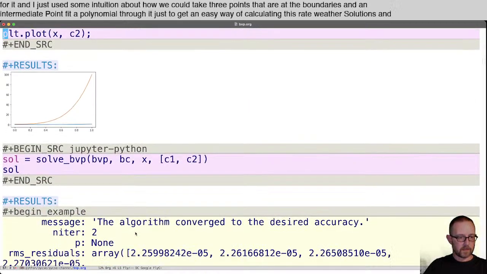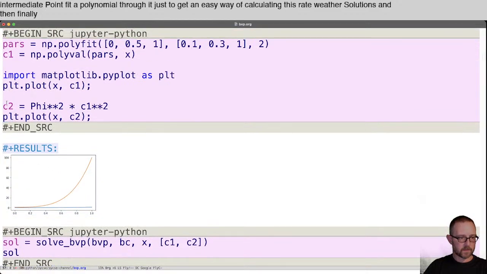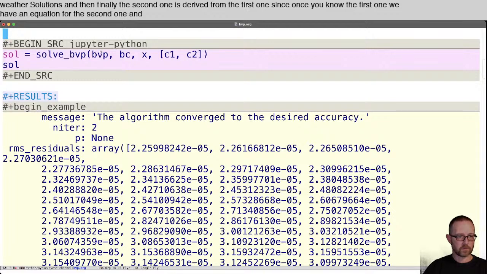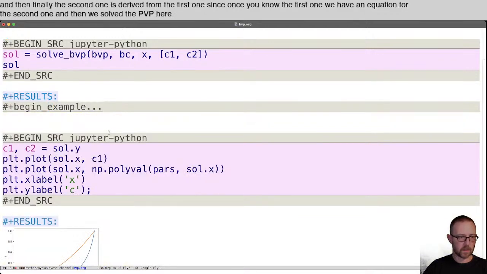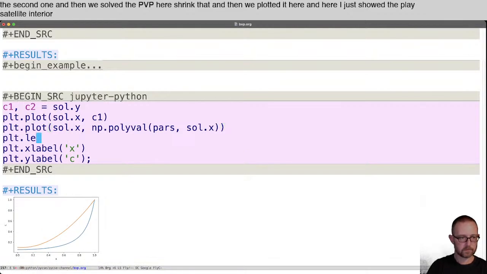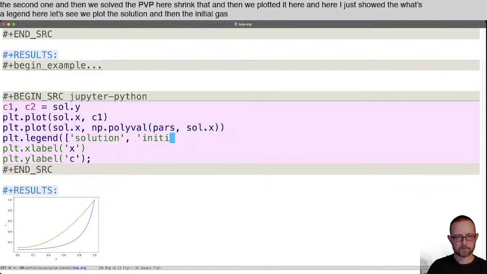And then finally, the second one is derived from the first one, since once you know the first one, we have an equation for the second one. And then we solve the BVP here, and then we plotted it here. And here I just show the, let's add a legend here. Let's see, we plot the solution, and then the initial guess.